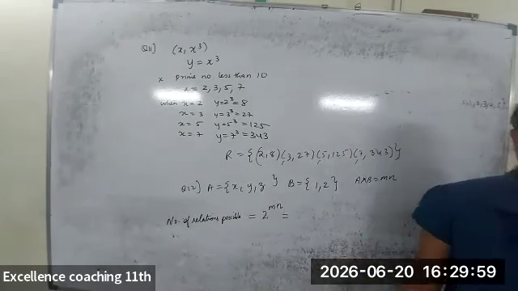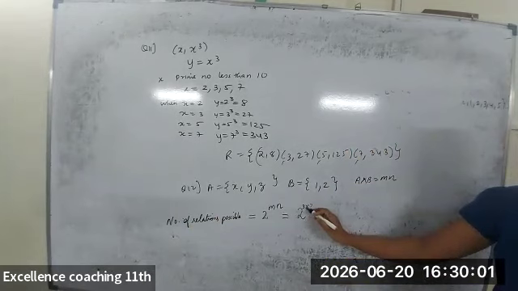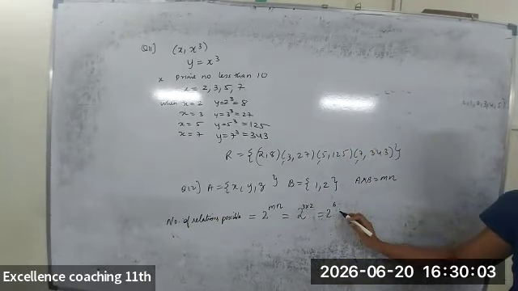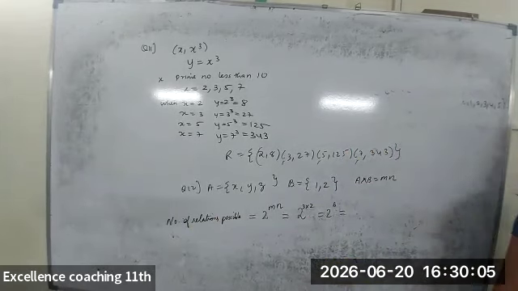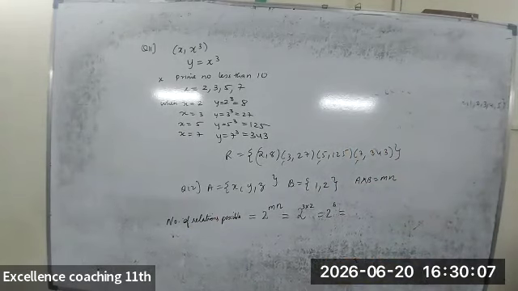You can write this formula, then calculate. All the possible subsets of the Cartesian product, because what is the definition? Relation is a subset of your Cartesian product. So the Cartesian product will have how many elements? 6 elements.